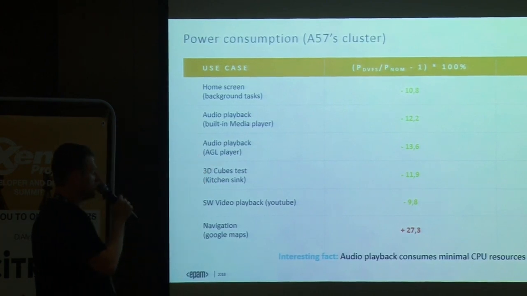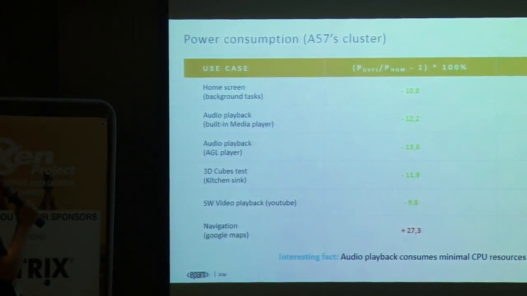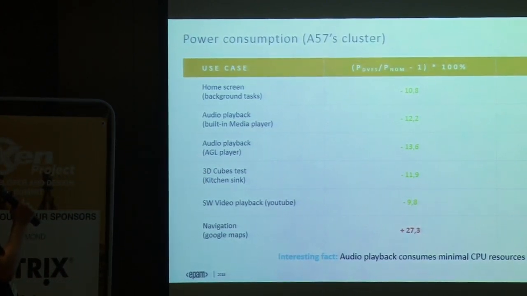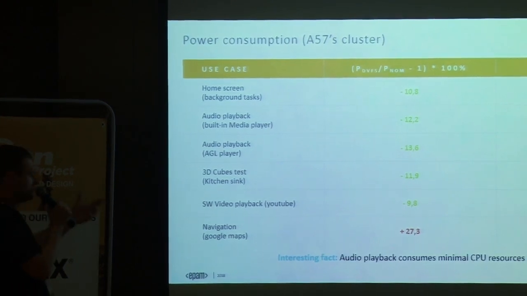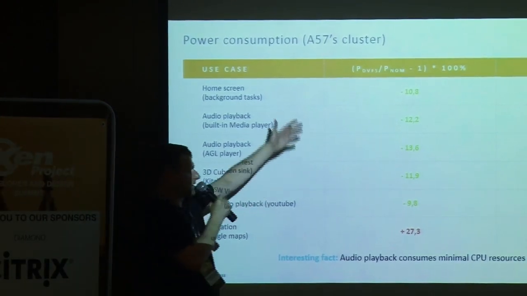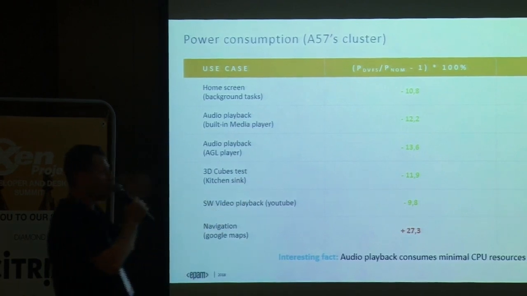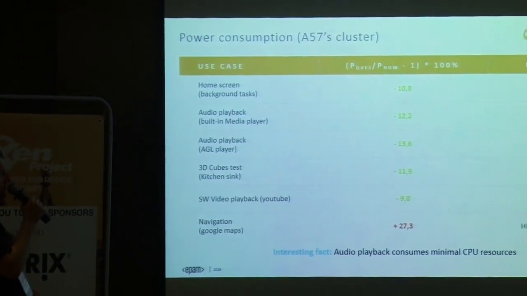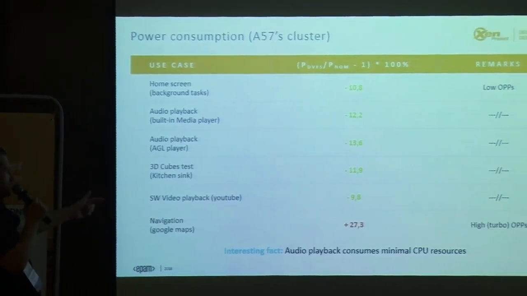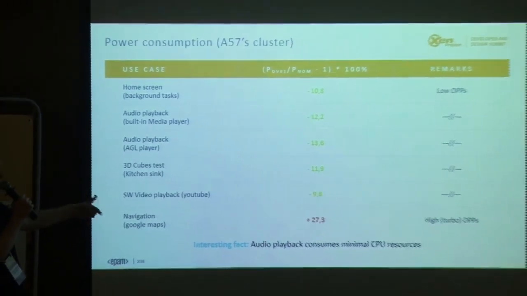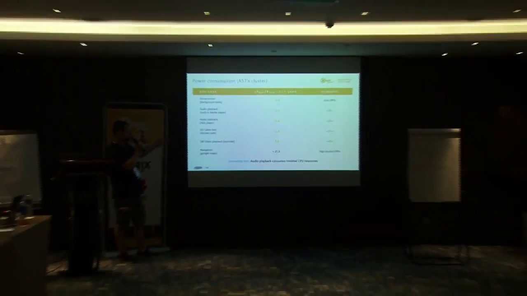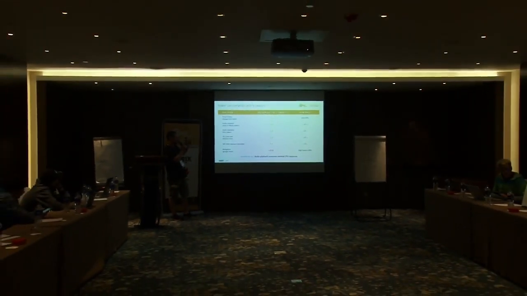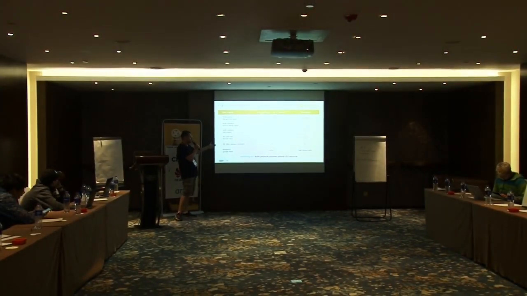You can see a benefit of more than 30%. Why? Because low OPPs are used during these use cases. But with navigation, we have a drawback, because high OPPs are used. It is a heavy use case.